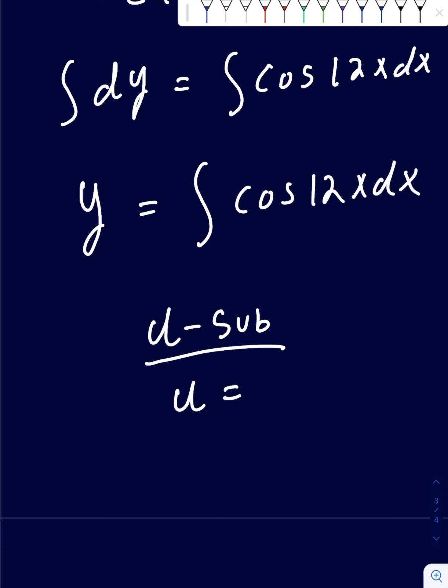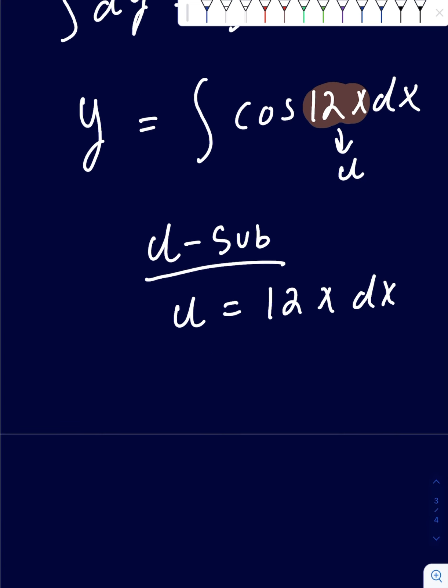It's easy to find the integral of cosine, but what's making it hard for us is this 12x dx together. So this is going to be our u. We put the difficult part into our u, so u is equal to 12x.